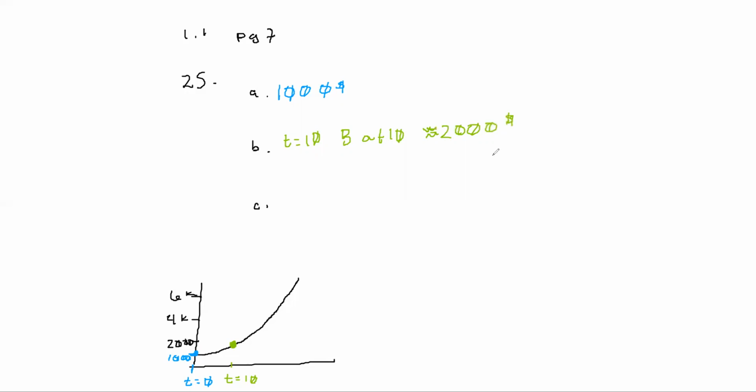All right, and then what about C? Now we're saying, when does the balance reach $5,000? How are we going to approach this problem?